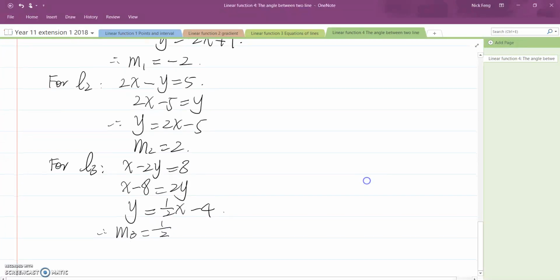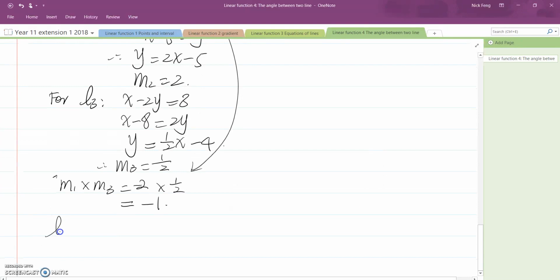Okay, now there's something you can actually observe before we use the formula. It is m1 and m3. These two gradients, one is −2, one is half. If you multiply them together, m1 times m3, −2 multiplied by half, gives you −1.